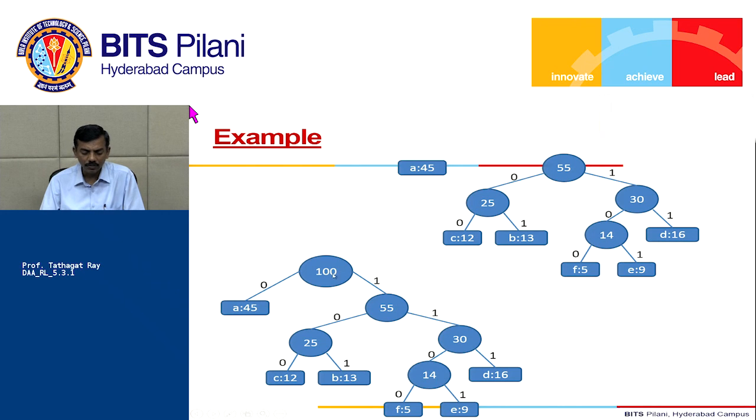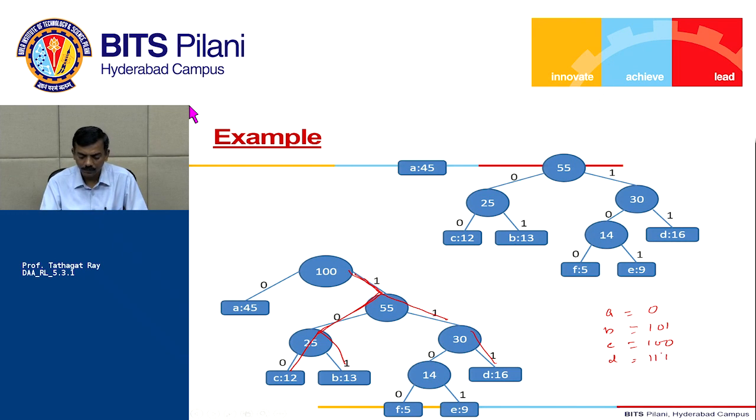The variable length encoding of each character you can now easily get. So what is it for A? A is 0. For B, it is how much? 1, 0, 1. For C, it is 1, 0, 0. For D, it is 1, 1, 1.